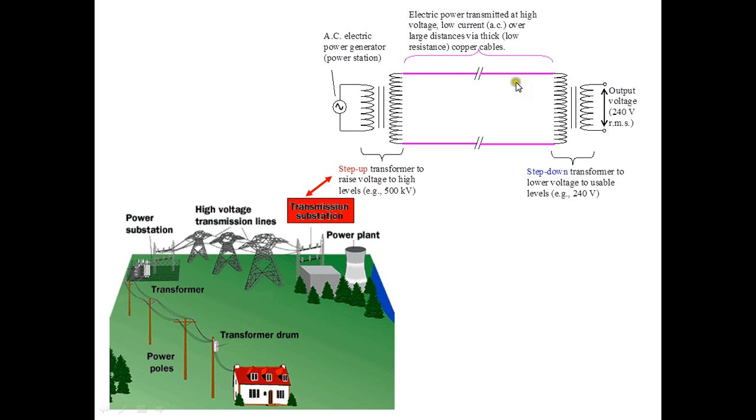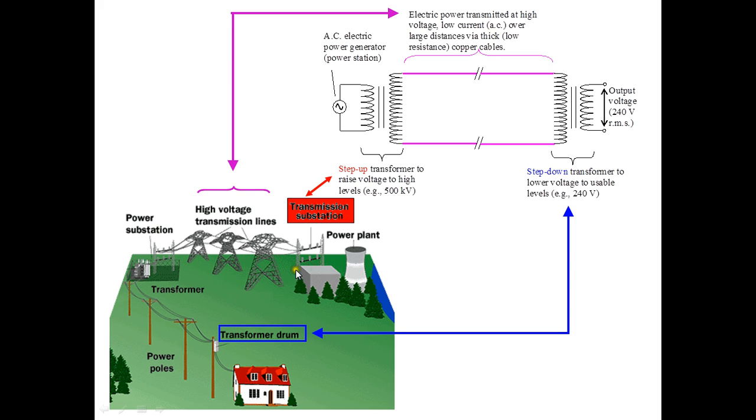The high voltage transmission lines are denoted by these wires in pink. Thereafter, when the current transmits past the substation through the power poles and the cables, we arrive at the transformer drum, which happens right before the end user, to step the voltage back down to a manageable 240 volts root mean square.